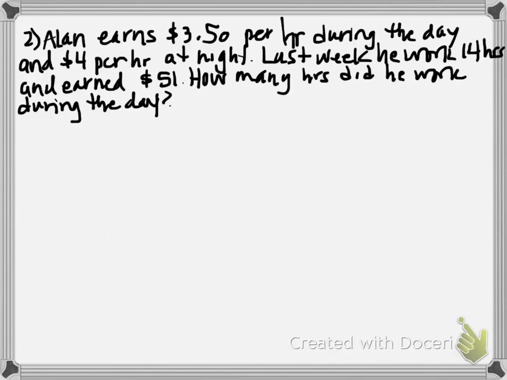All right, so we're going to use a different formula for this one, because the number of hours that somebody works times how much money they make per hour is how much money they make. So we have 2 different time frames for him. He works either during the day or night, so days and nights, and then we're going to add that total here.